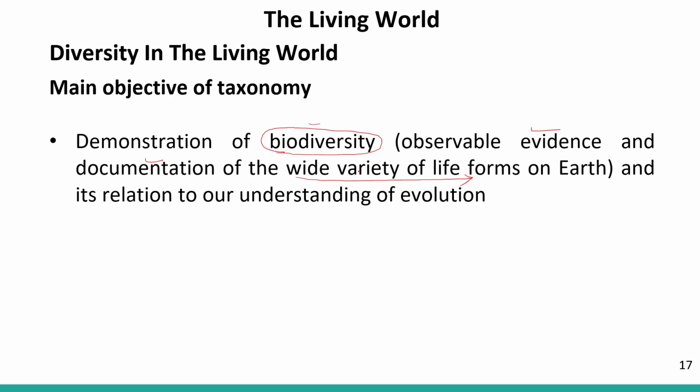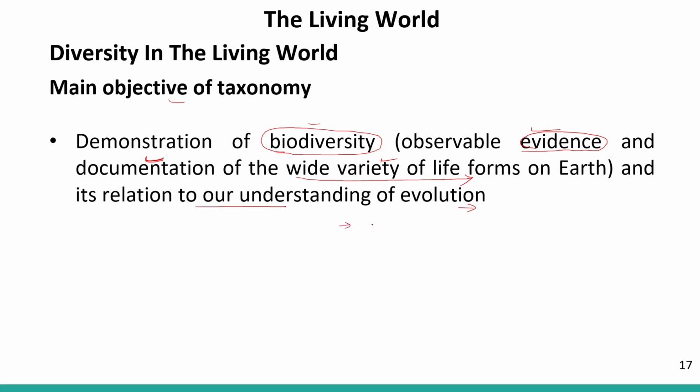Biodiversity is the variety of life forms, so demonstration means we have documents to show the wide variety of life forms on the earth and its relation to our understanding of evolution.